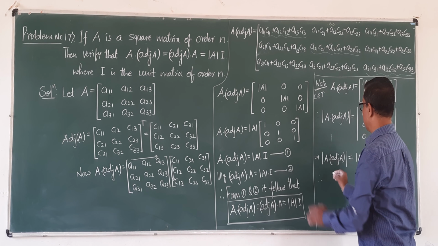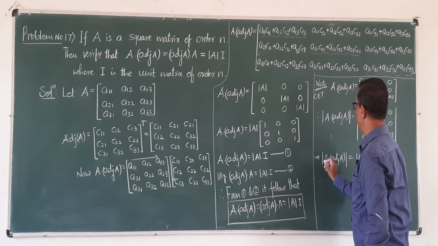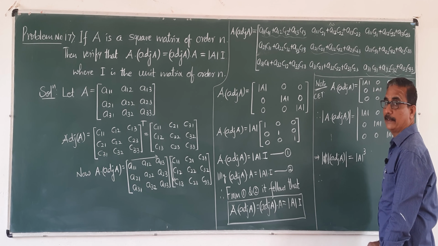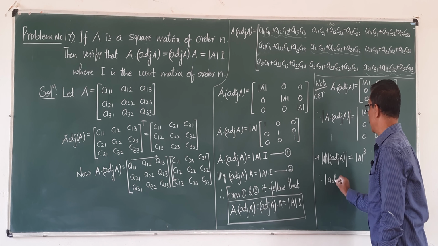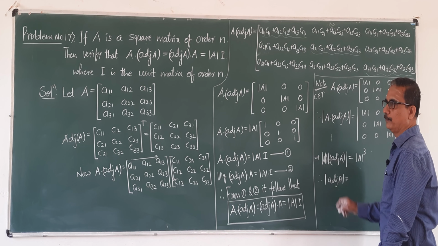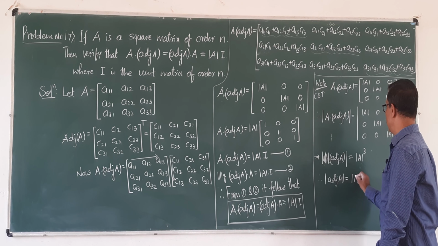Now split the determinant: determinant of A into determinant of adjoint of A is equal to determinant of A cube. Therefore determinant of adjoint of A is equal to determinant of A cube divided by determinant of A, that is determinant of A to the power of 2.